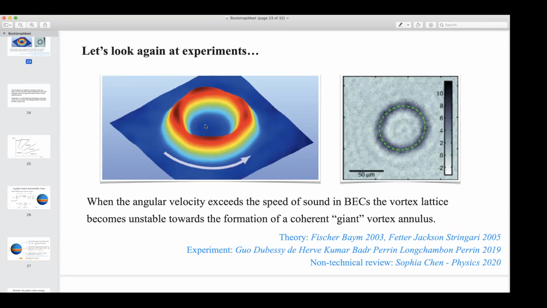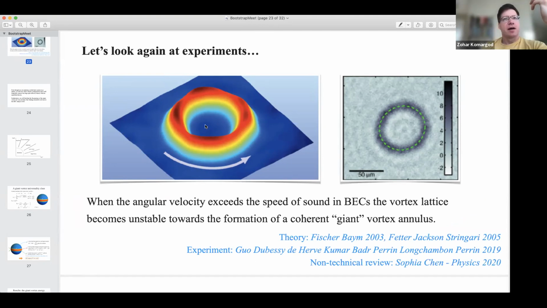So once the velocity of the Abrikosov lattice exceeds the speed of sound, presumably a small blue hole opens up. We don't know if it opens up continuously or via first order transition. And then as you keep spinning it further and further, the blue hole increases in size.